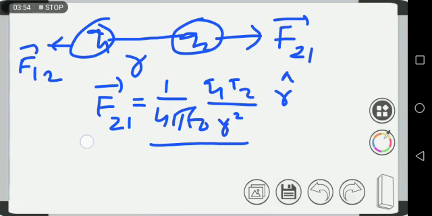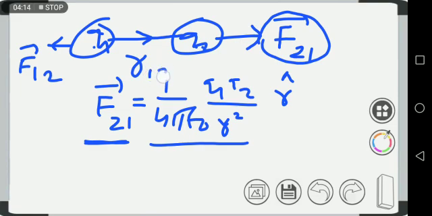For this force F21, r is given from charge 1 to charge 2, because the force is on 2 due to 1, so we take the r direction from 1 towards 2, r12. We can also take this as r21, according to our convention.